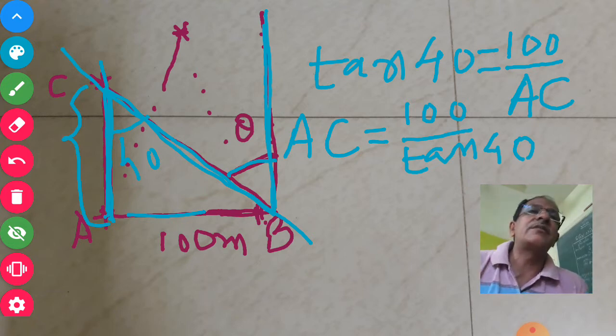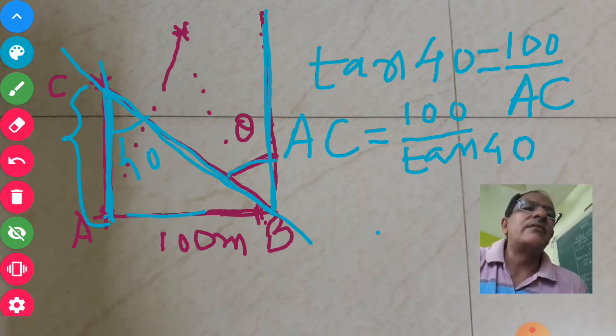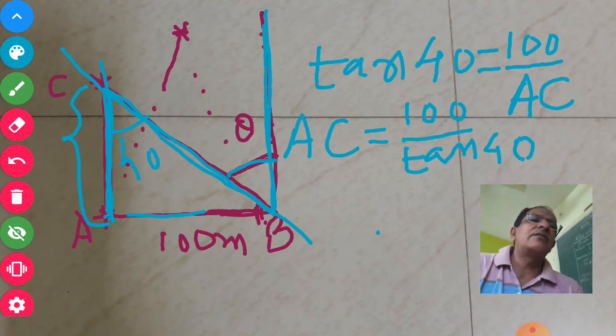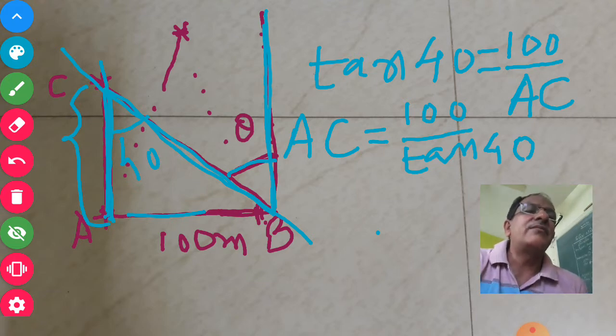You just purchase a log table and find the table of natural tangent, and in that the first column will give you the angles in degrees. You just have to locate 40, and in front of 40 the value is written.